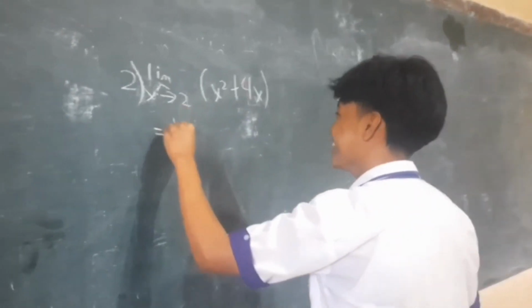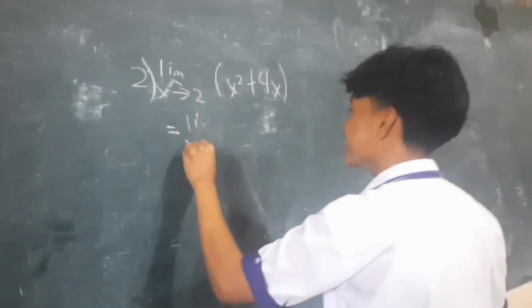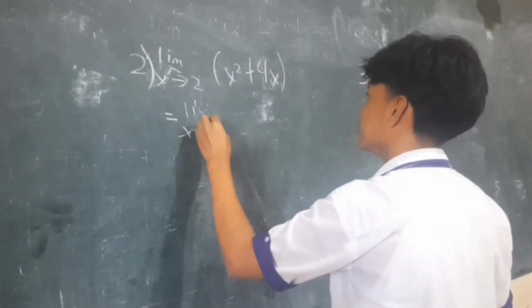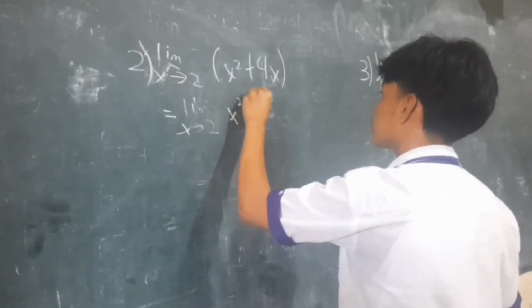For the next example, we're going to find the limit of x squared plus 4x as x approaches 2.